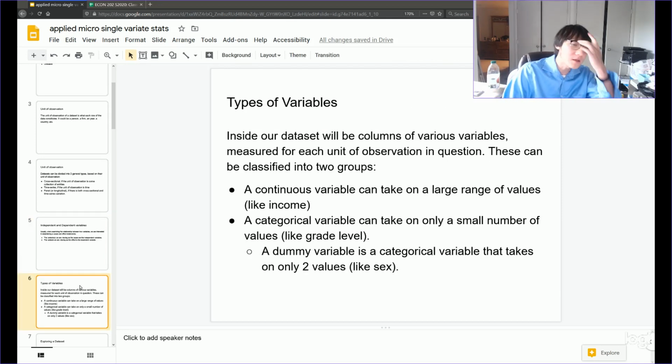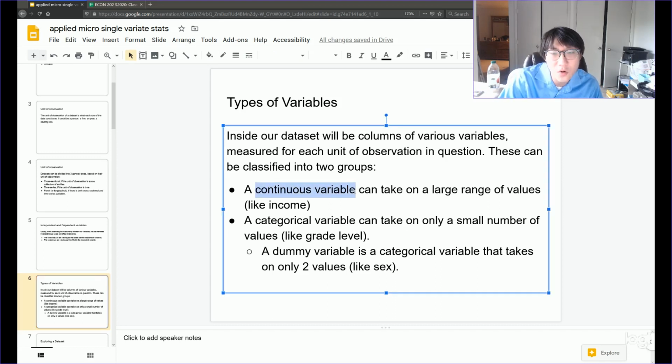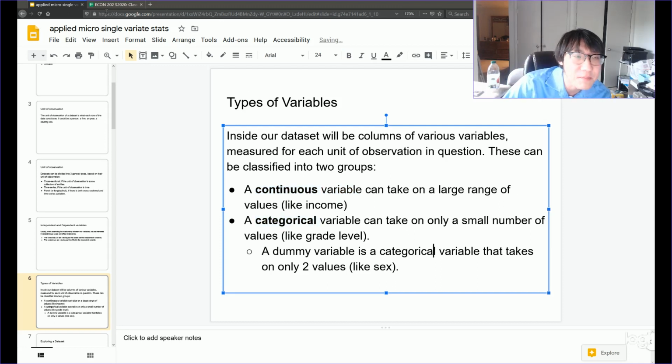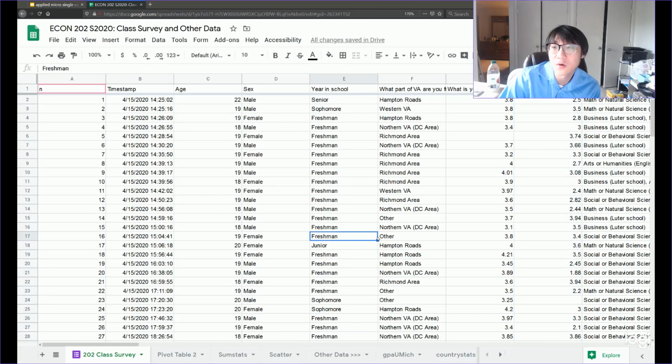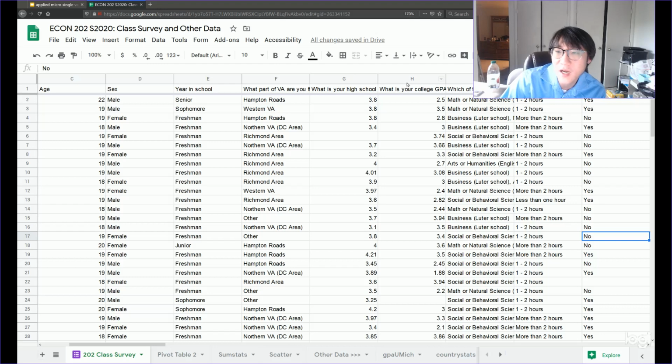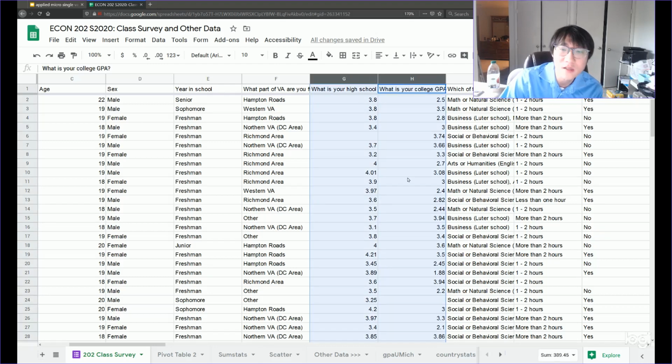Another very important way in which we can classify these variables is to distinguish between a continuous variable and a categorical variable. Let me explain what that means. A continuous variable is a variable which can take on a large range of possible values. For example, college GPA and high school GPA in our data set are continuous variables.